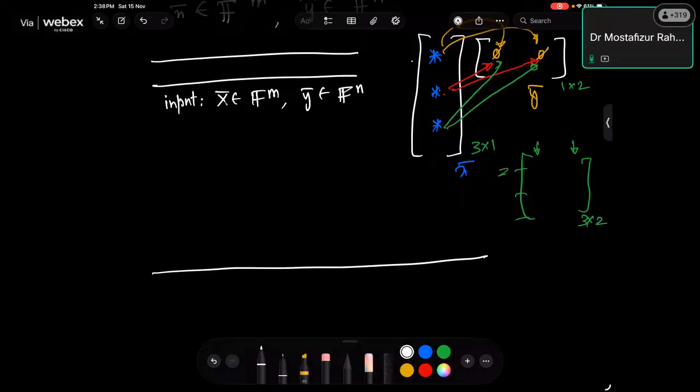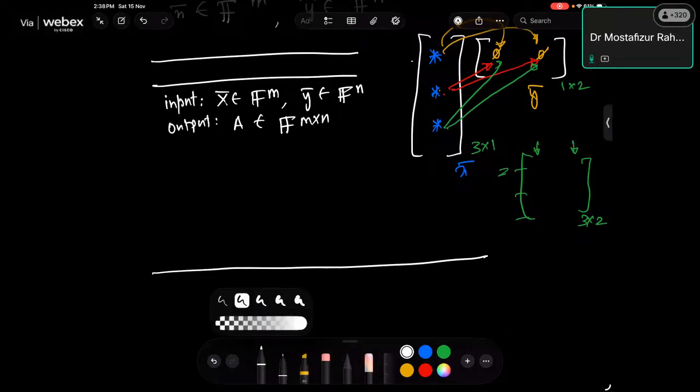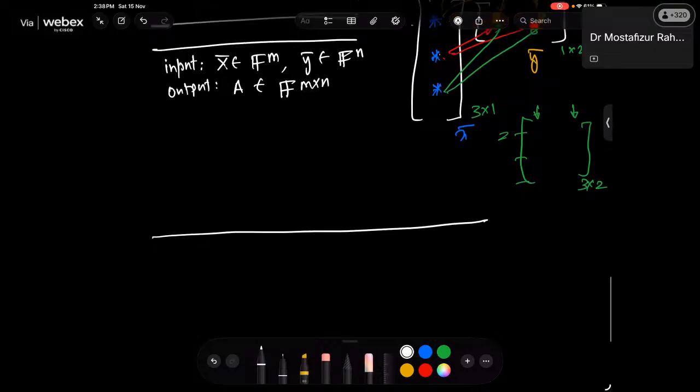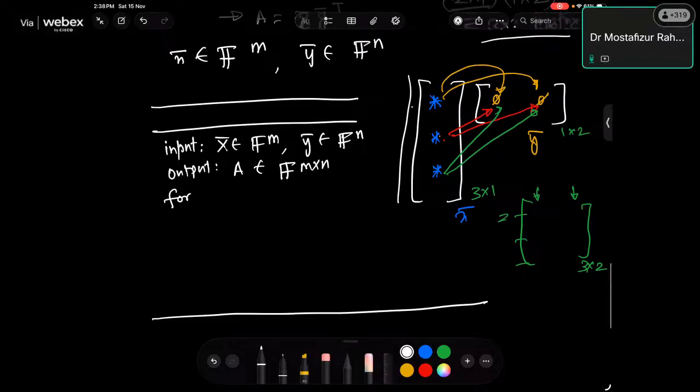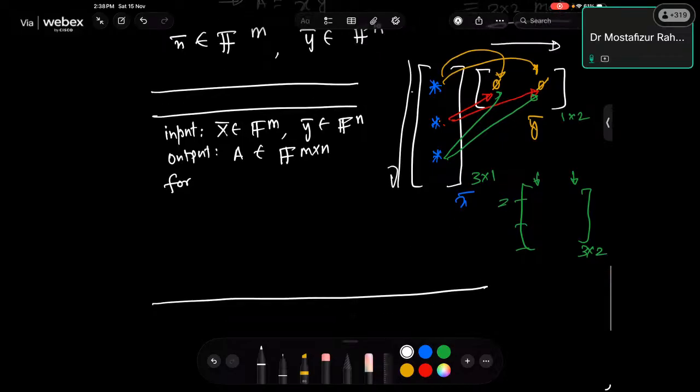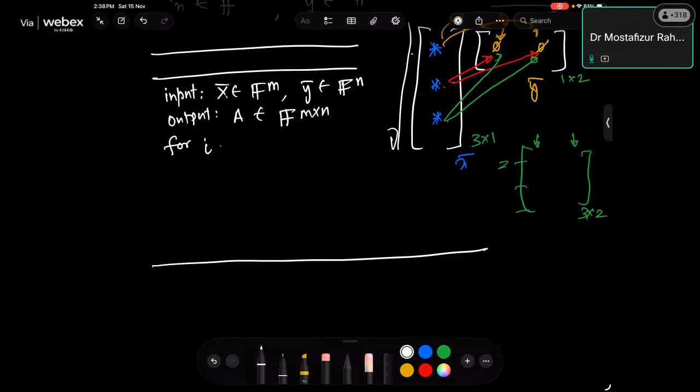Our expected output is A, which should be a matrix of size m cross n. Now there are two loops. I have to iterate over this vector and over that vector. So for i equals 1 to m, do, and then again for j equals 1 to n.